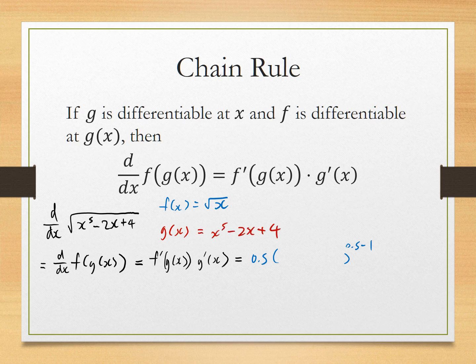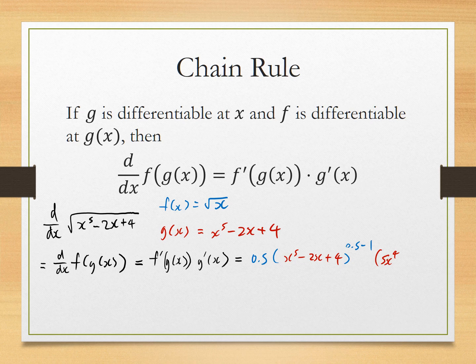According to the chain rule, you have to copy whatever g(x) is inside, and then you have to take the derivative of g(x) and multiply it at the back. So what would be the derivative of g(x)? That's the derivative of x to the power 5, which is 5x to the power 4.